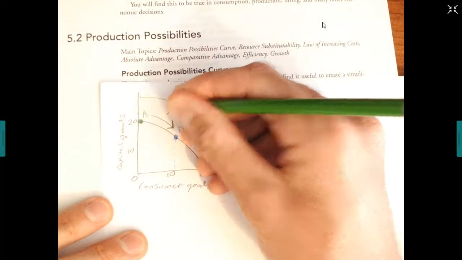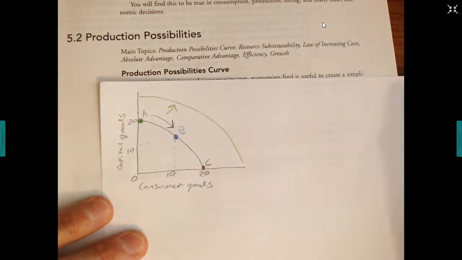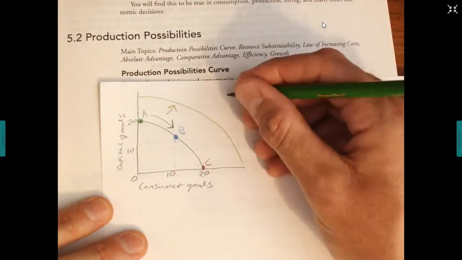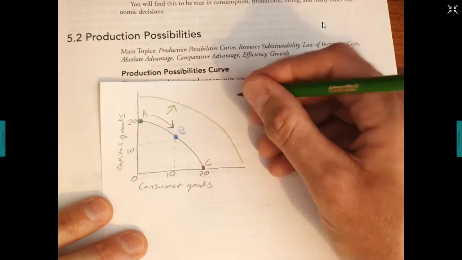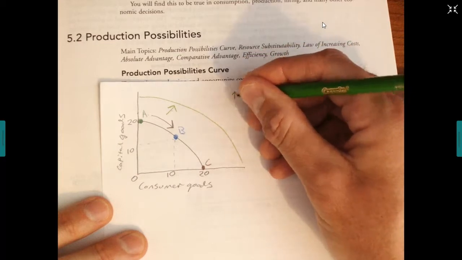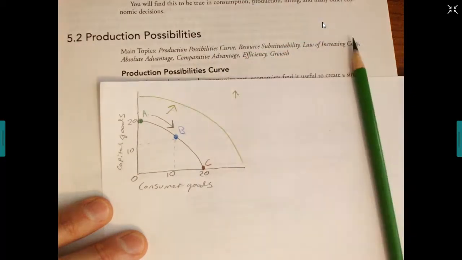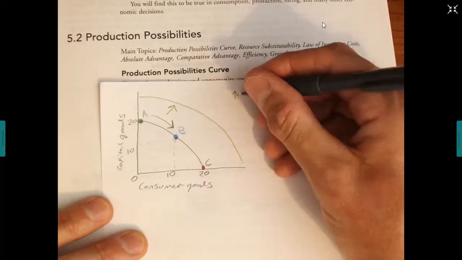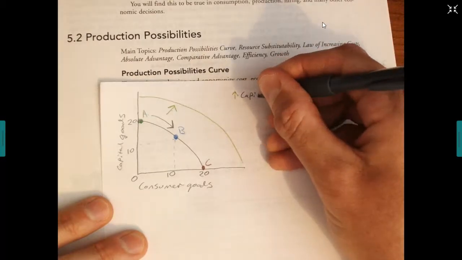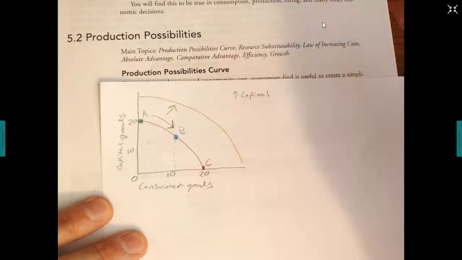This outward shift can occur if we have increases in things such as capital. There's more tools and equipment.